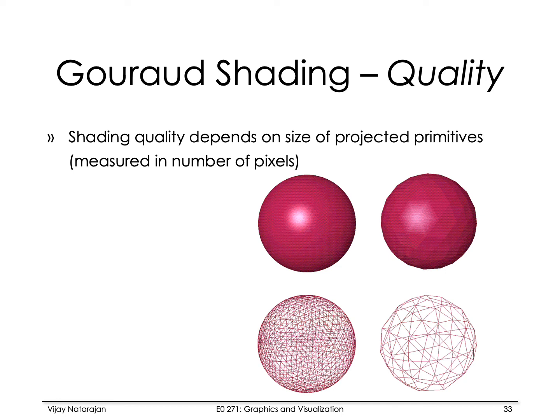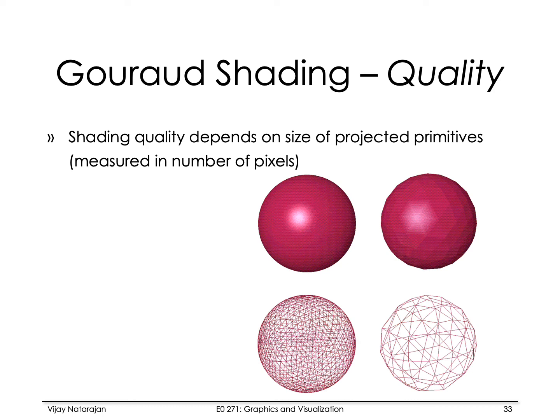On the left, you have a sphere modeled using a large number of triangles. On the right, you have the same sphere modeled using fewer triangles. So each triangle on the left maps to fewer pixels. So Gouraud shading works well in this case. Whereas on the right, each triangle projects to a large number of pixels. So you actually see the creases more clearly.